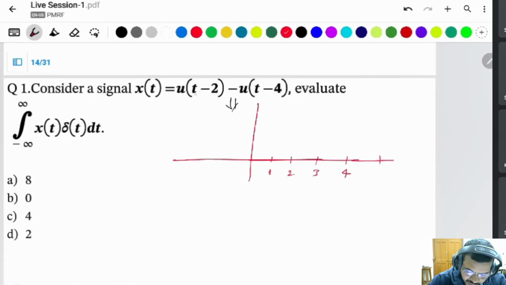The first signal starts from t-2, it means from here, with a value of 1 only. Then another signal is subtracted from t-4, another is here. It is only subtracted from this one, then all of this will be cancelled out. Only this will remain, and you can say u(t-2) minus u(t-4) is this one.